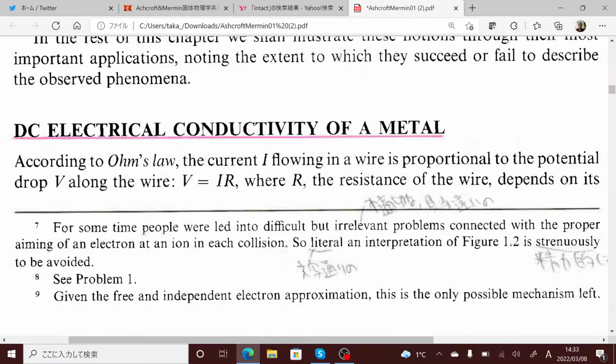So literal an interpretation of figure 1.2 is strenuously to be avoided.